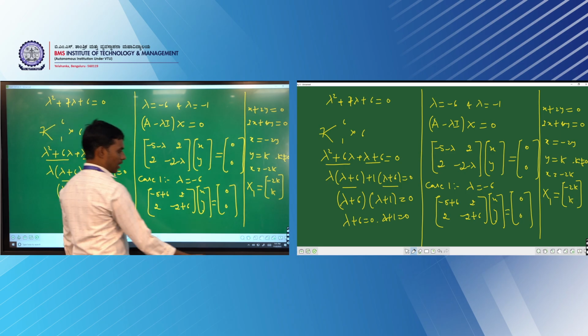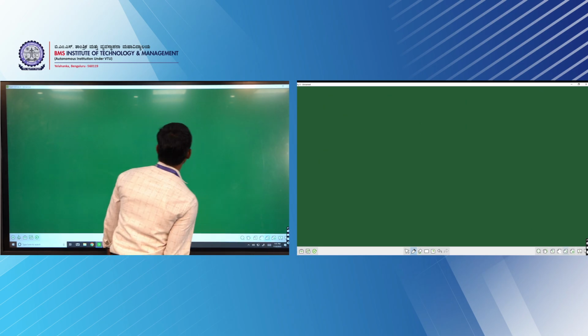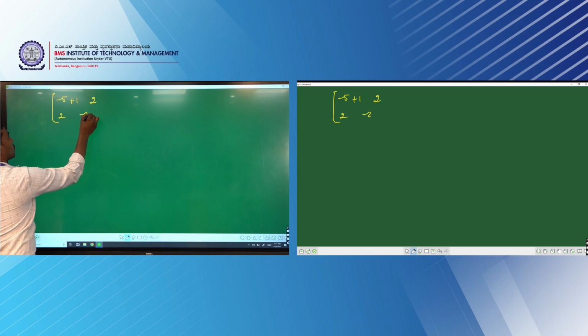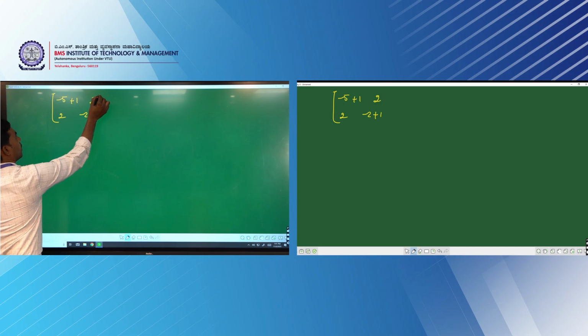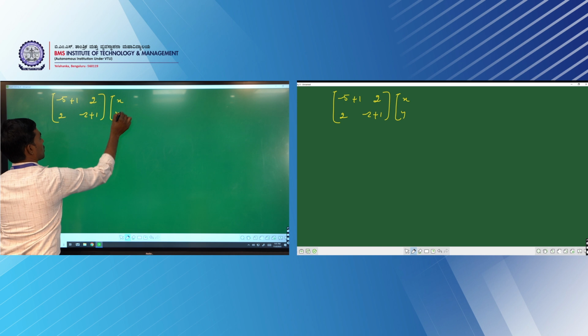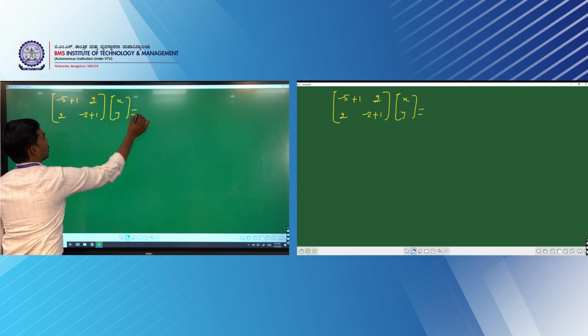When you take lambda equal to minus 1, the matrix becomes minus 5 plus 1, 2, 2, minus 2 plus 1, times x, y equal to 0, 0.